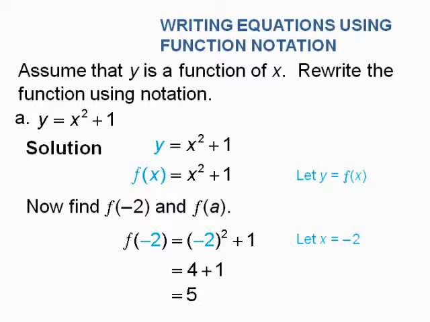So notice here, if they just give us y equals x squared plus 1, you want functional notation? No biggie, just replace y with f of x. And then, if you want to evaluate the function here, it says find f of negative 2 and f of a, so just plugging in some values for x here. Now again, I don't like this fact that they did not lock in the variable here.